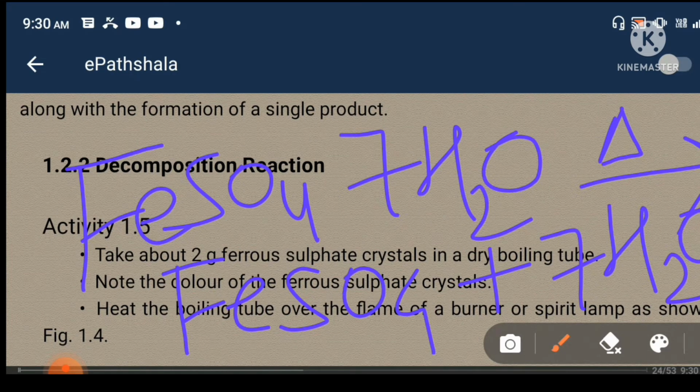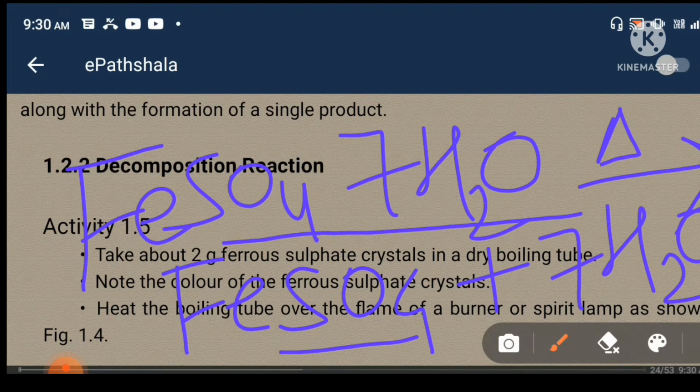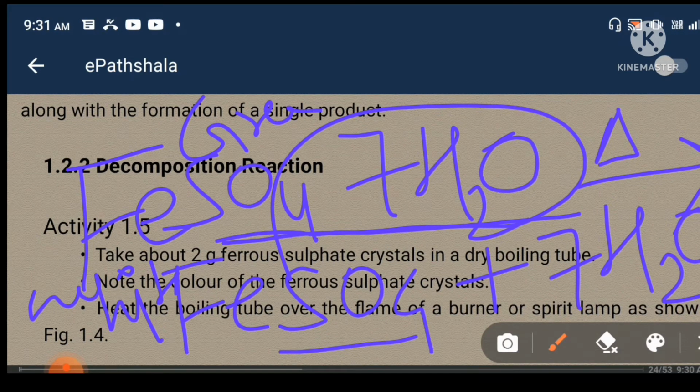This light green color converts into white color. The color of ferrous sulfate is white and the color of the heptahydrate is green.